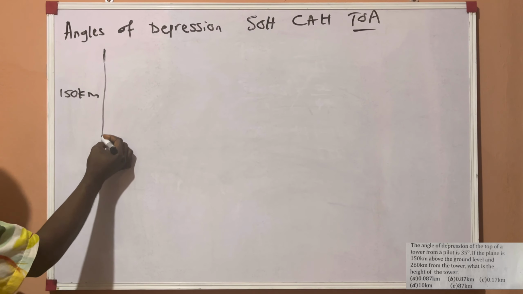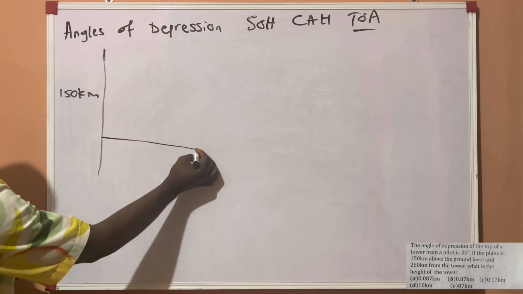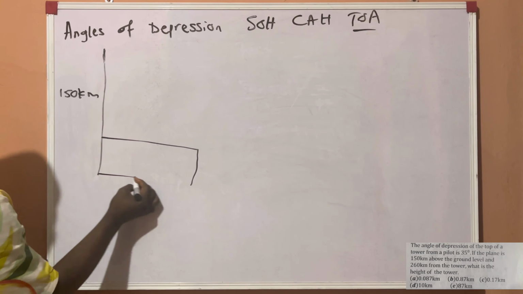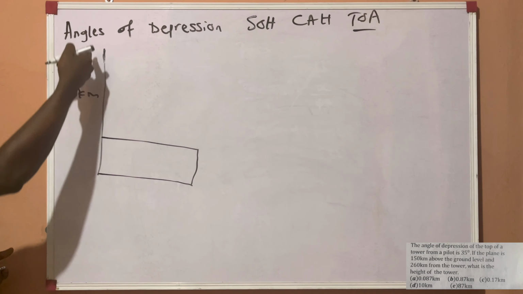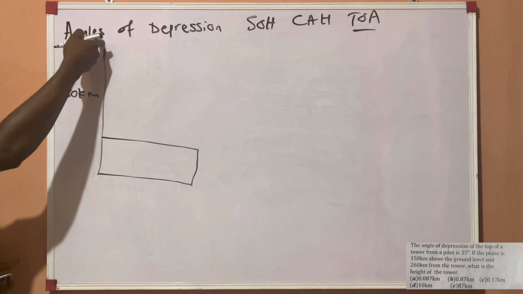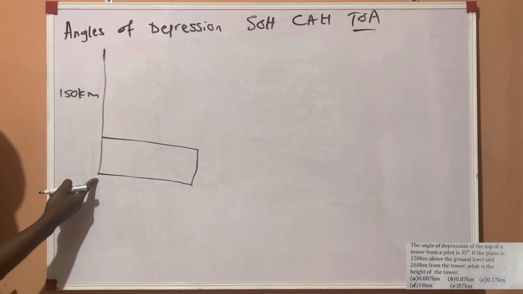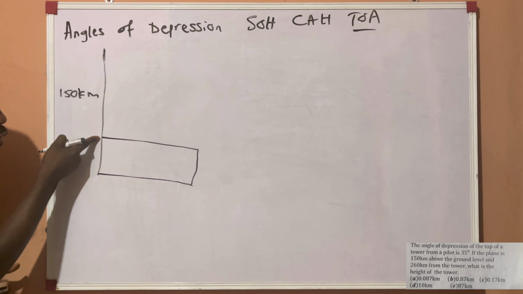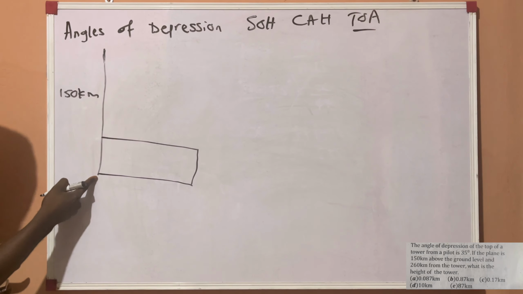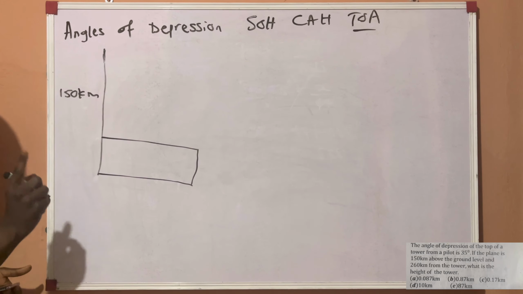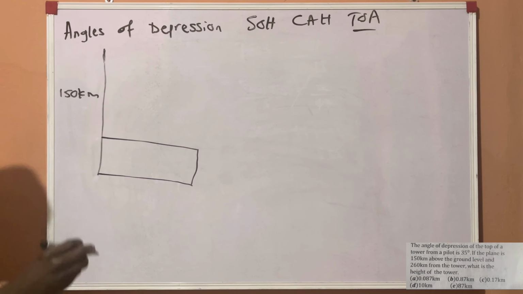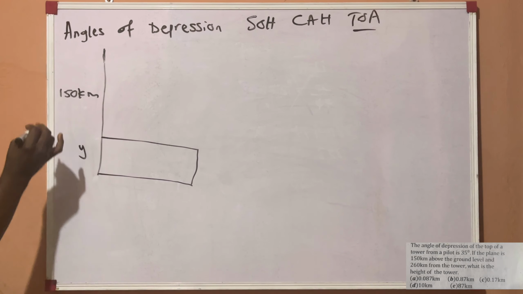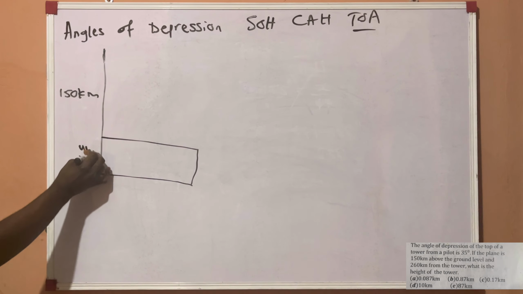Let us assume the tower was from here. It means from the top of the tower to this point in the ground level is 150 kilometers. But from the top of the tower to this point, we don't know, which is the height of the tower. That is what it said we should calculate for. Let us assume that here is y kilometers.